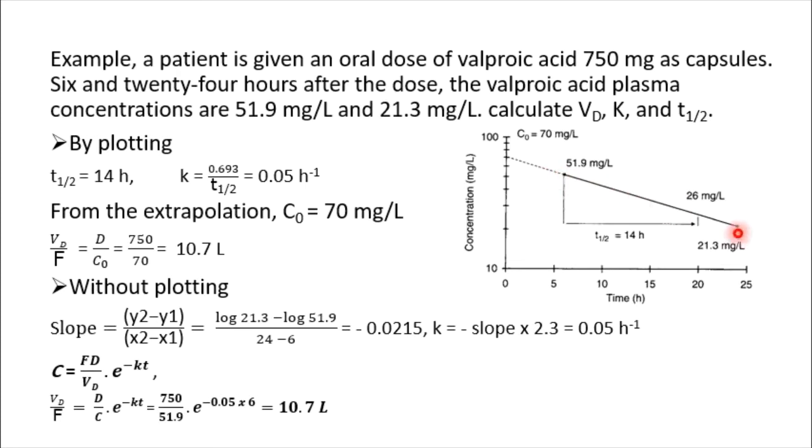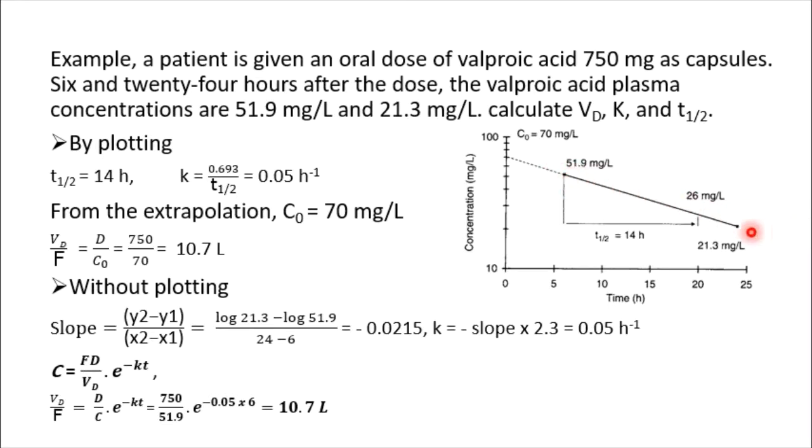We consider this straight line in a similar way as we calculated the plasma concentration following IV bolus administration. We are assuming here that the drug has passed the absorption period and the post-distribution phase, and these drug concentrations are taken within the elimination phase.